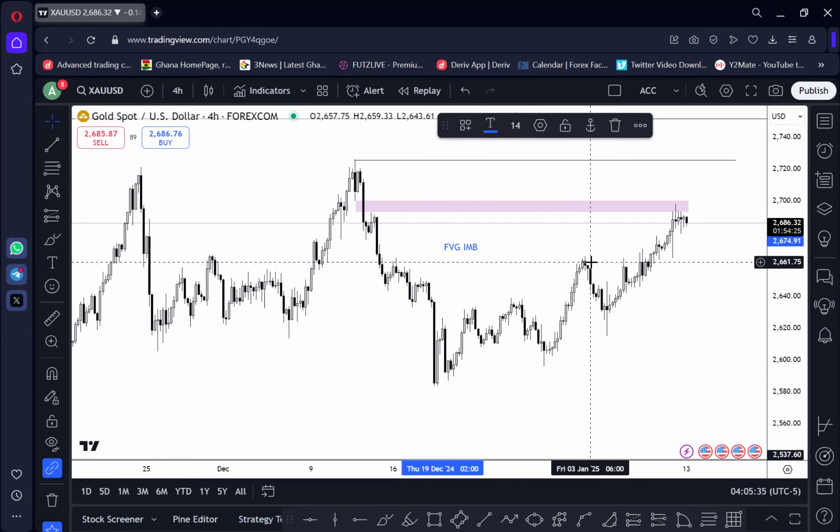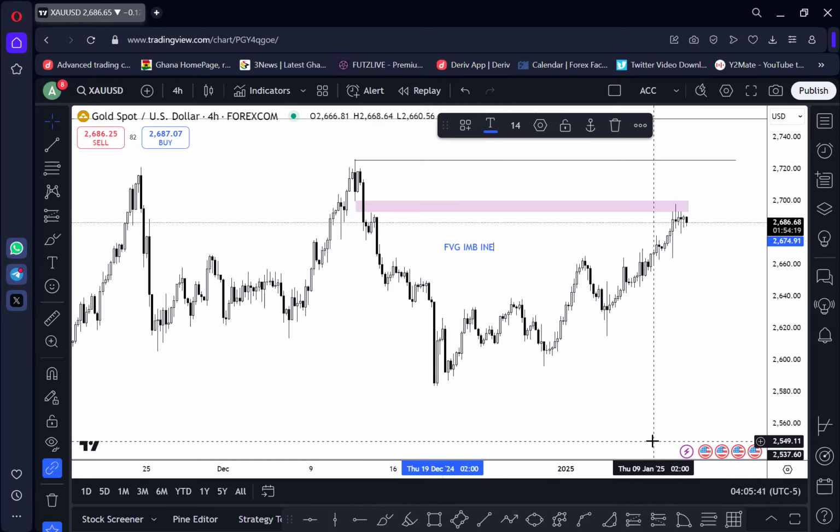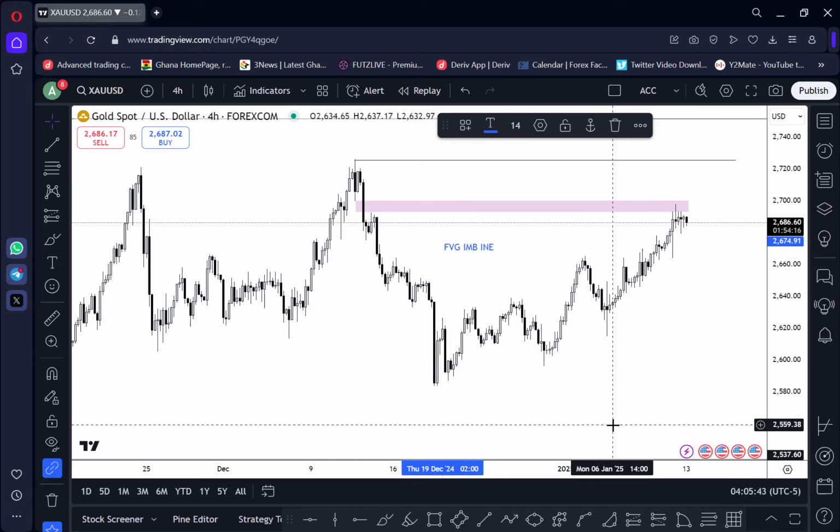They are also known as inefficiencies. So inefficiencies, imbalances, and FVGs are the same thing. We're talking about the same thing.